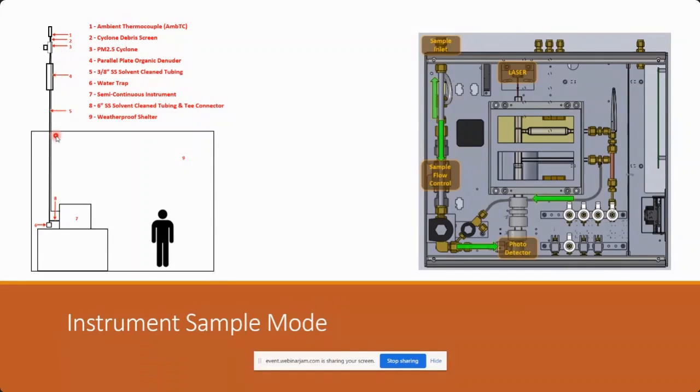Then as the flow reaches the instrument, I'll move over here to this more detailed image of the inside of our instrument. You can see that the sample flows into the instrument and flows through a filter that's mounted right here, and then out through exhaust, while simultaneously monitoring the laser transmittance of the filter.